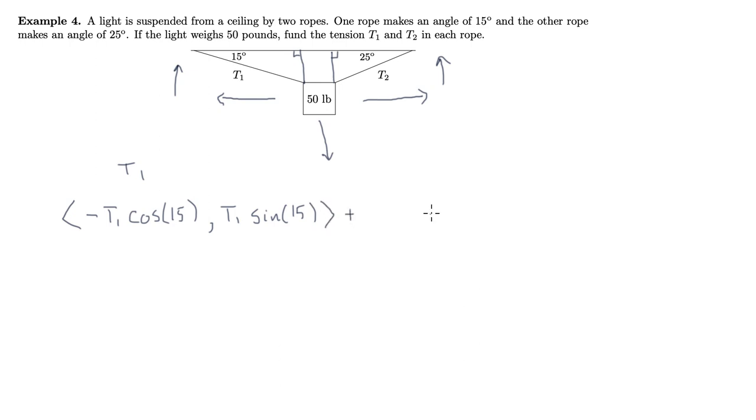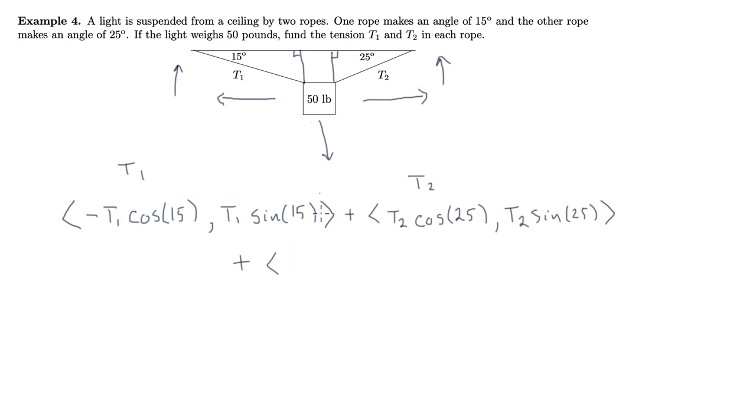And then we can add T2. So same thing, this time the horizontal is going to be positive, but it'll be T2 times cosine 25. And then the vertical will be T2 sine 25. And then we'll add in the weight.